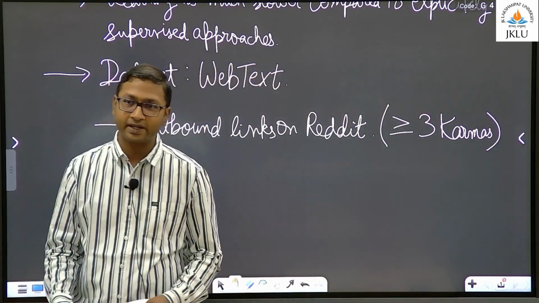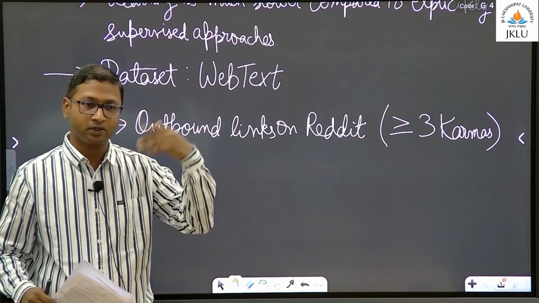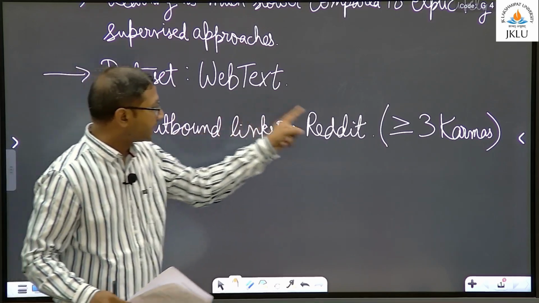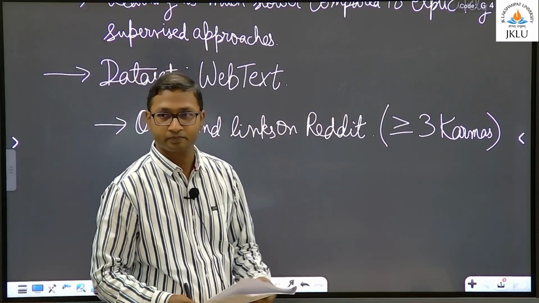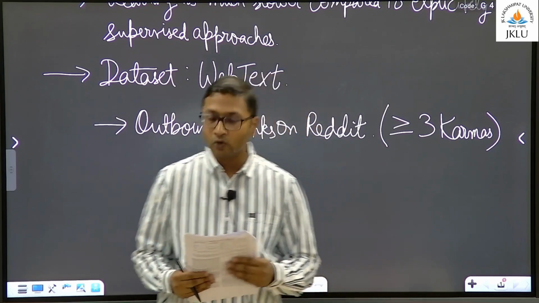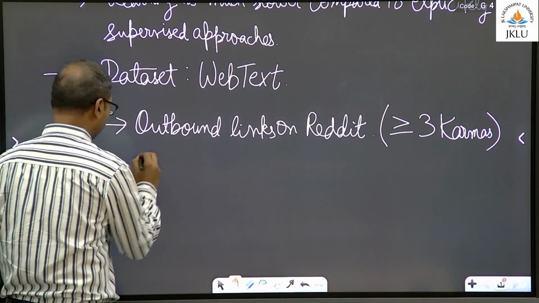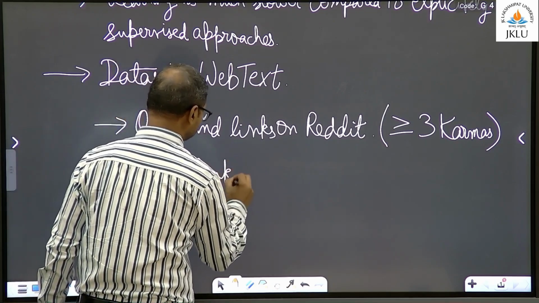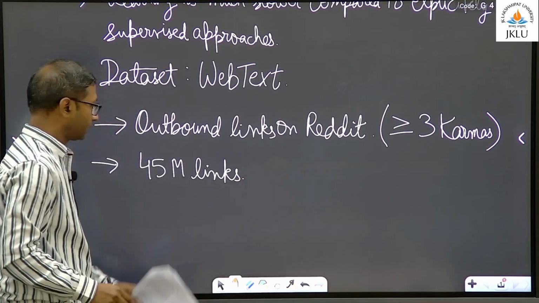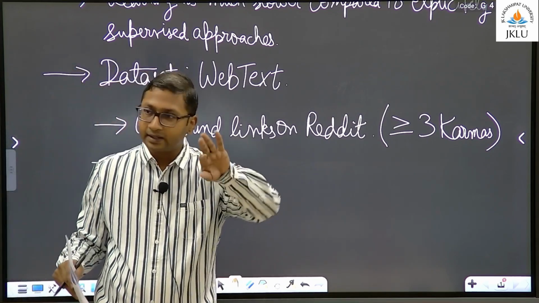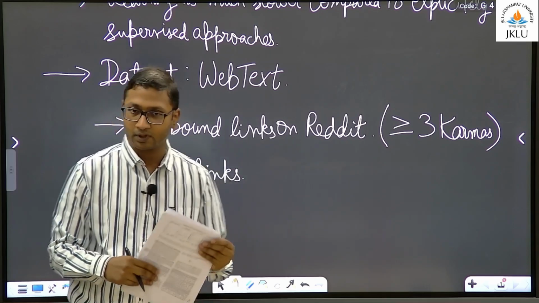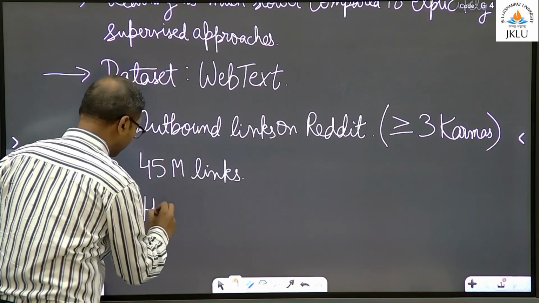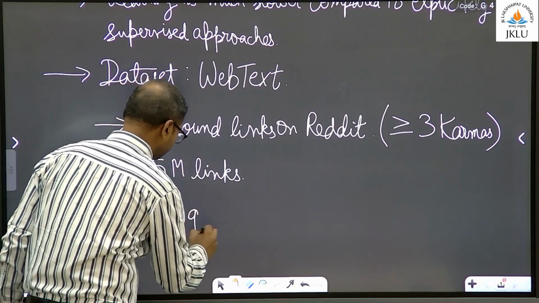Okay, but it seems like that upvote, like those kind of things. Okay, so outbound links on Reddit with greater than 3 karmas. So they go through some 45 million links, right, and they take a subset of it and they claim this is very high quality data.